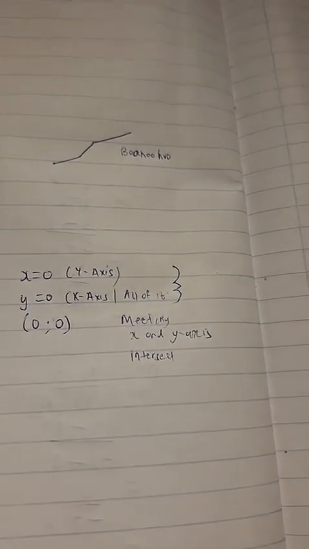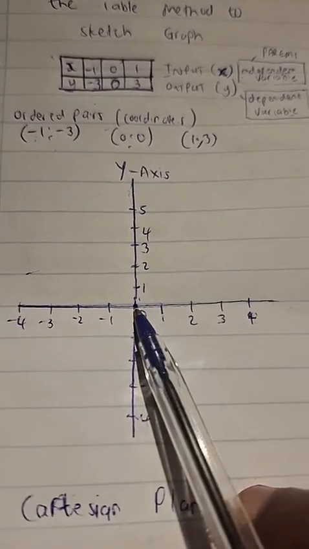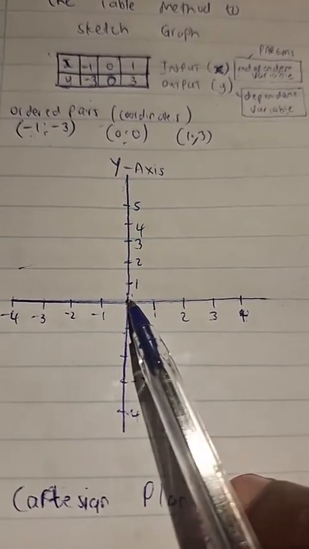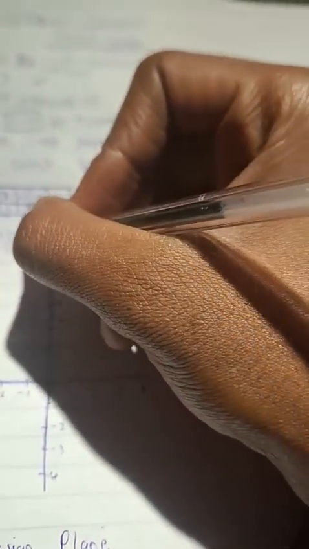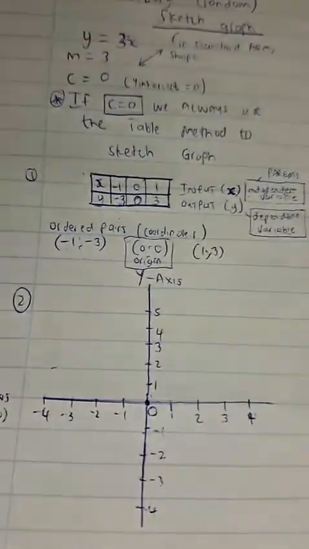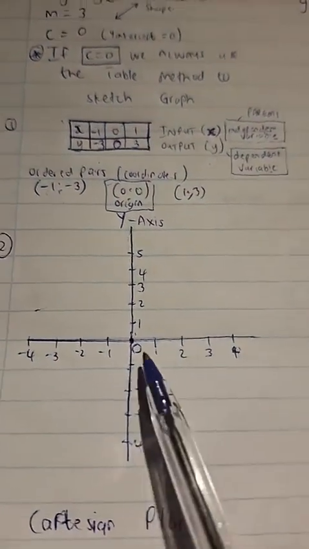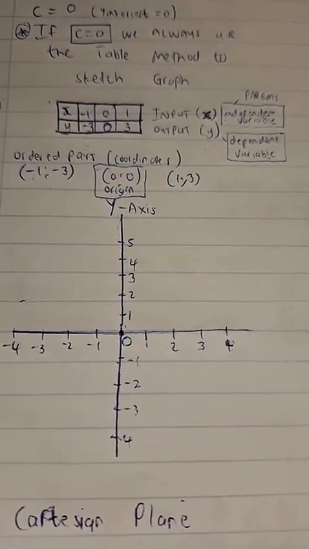Where do they overlap? Where do they cross each other? It's there. So that's why we say that is 0 and 0. This here is what we call the origin. The origin. 0 and 0. Okay.